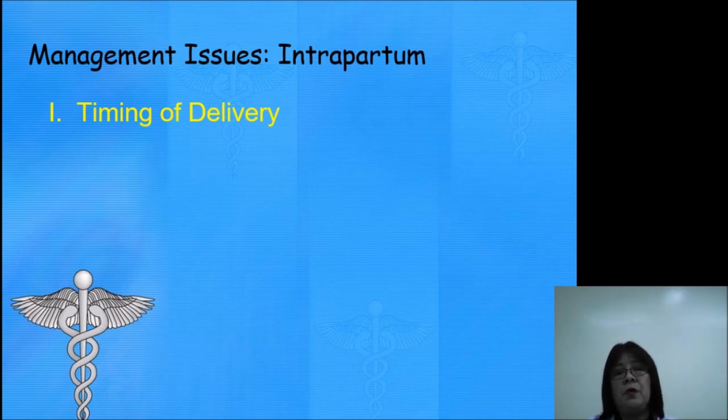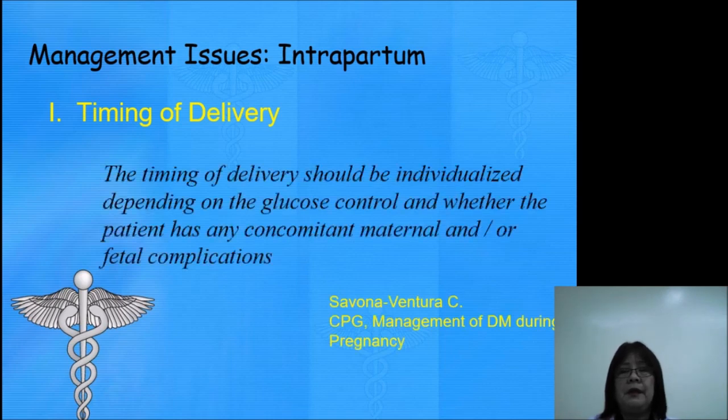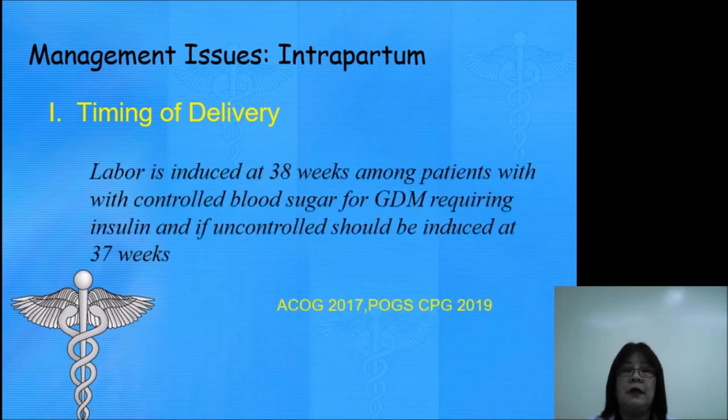Now, how are we going to deliver the baby? The timing of delivery should be individualized depending on how you control the blood sugar, whether the patient has associated fetal complications or maternal complications.